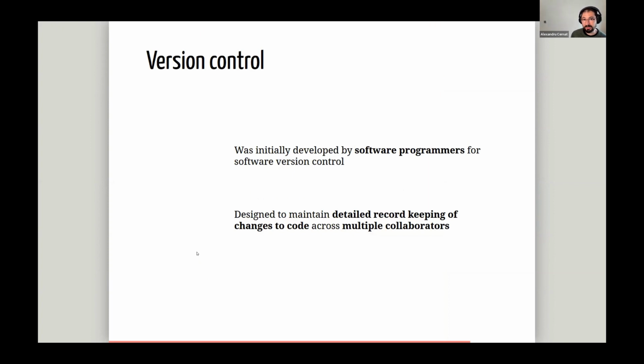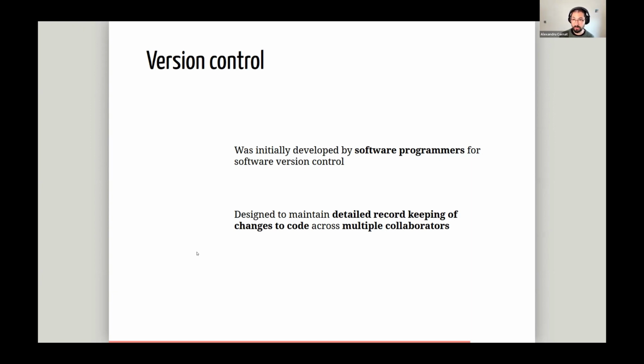This was initially developed for software programmers. The idea is to keep track of all the code that is out there, to make sure there are no conflicts and to be able to track the different stages of development. And really, this has become very popular and very efficient and is slowly being used more and more also for scientific work and in the social sciences as well. What this does is basically keep a very detailed track of all the changes that happen to the code, and also could be the data.